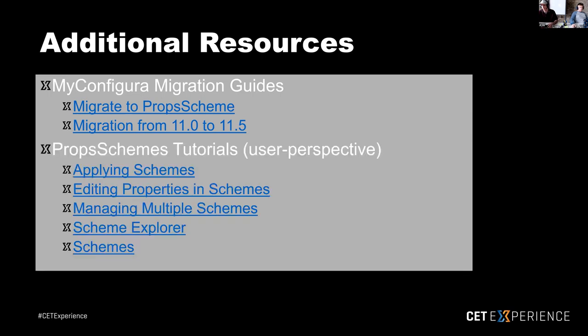And again, you'll have all these links when we send out these slides. There's also a lot of stuff on my configure support page from a user's perspective, how these tools are expected to work. So if you're changing things or customizing things, you can look here for how those are intended to work and what users will expect from those tools.